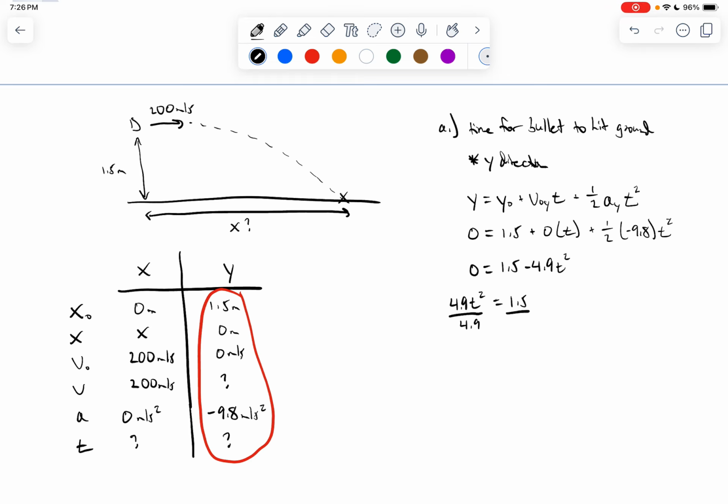After dividing both sides by 4.9, we're left with t squared equal to 0.3061. Again, solving for actual time, we have to square root both sides. So we find out that our bullet is going to be traveling in the air for 0.55 seconds.